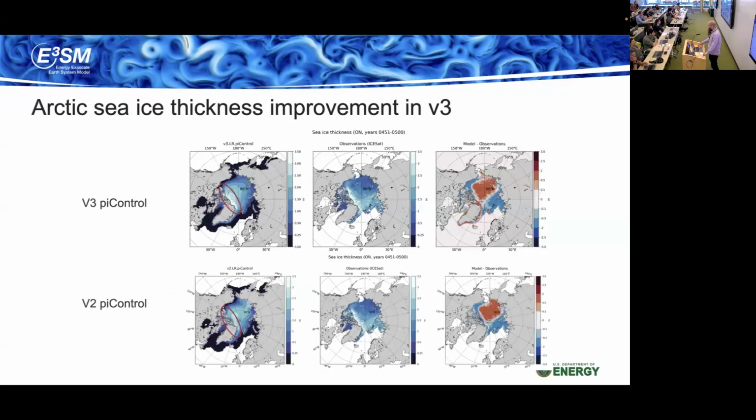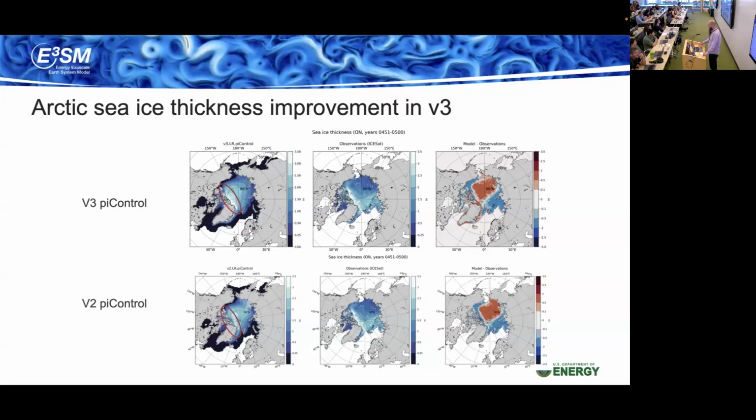Lastly, I wanted to say a few things about the polar representation in the ongoing V3 simulation campaign. It's been mentioned earlier that a couple of key bugs and improvements in the sea ice model have been put in place over the course of the development towards V3.